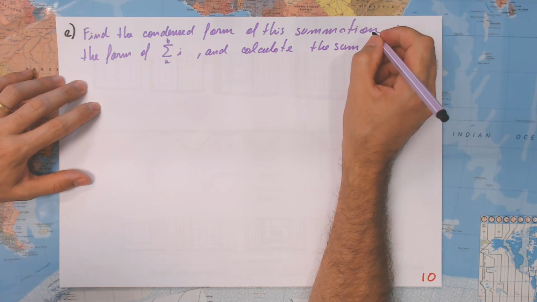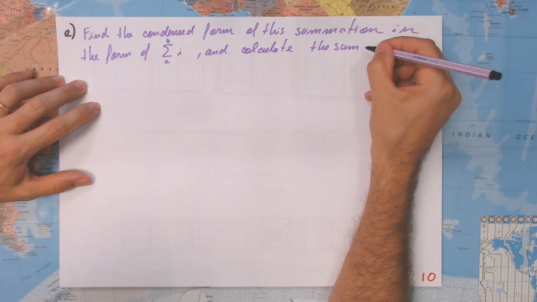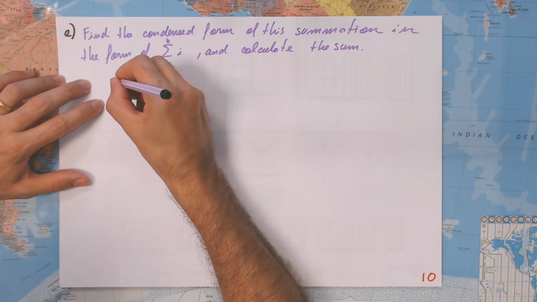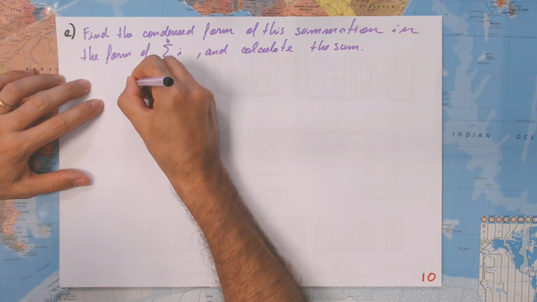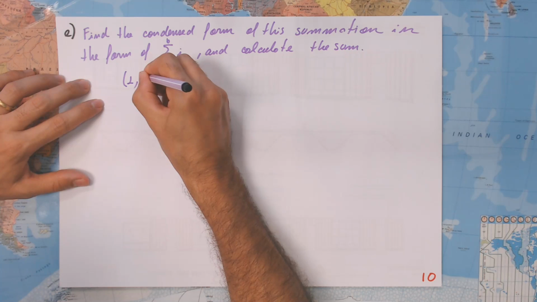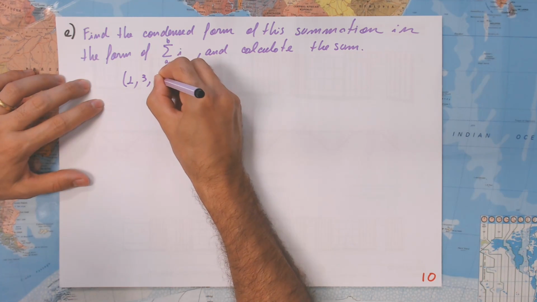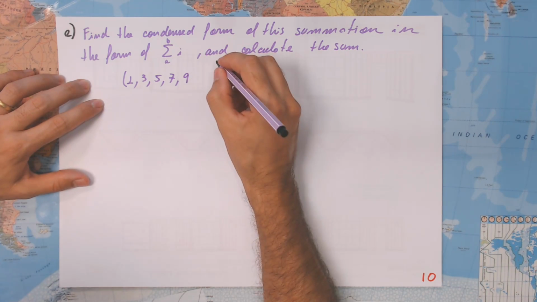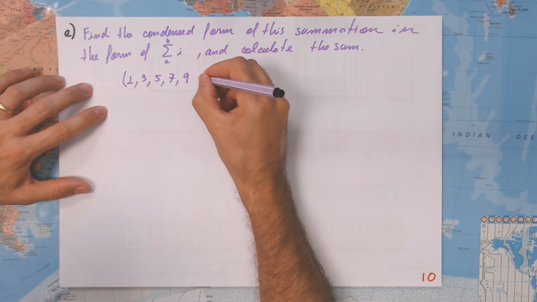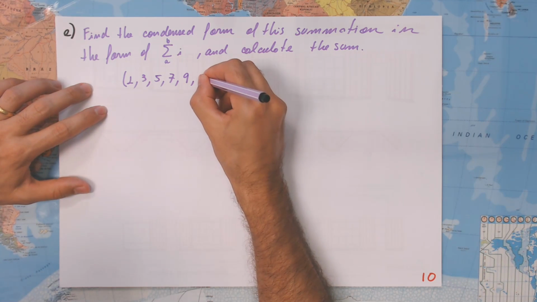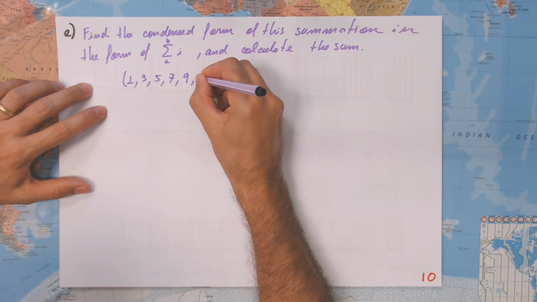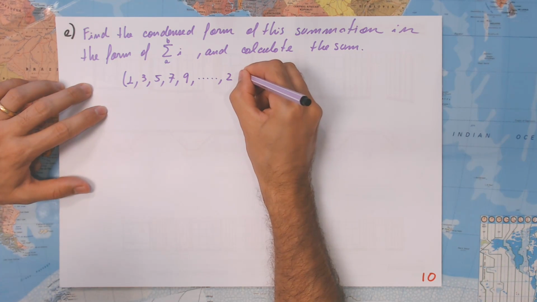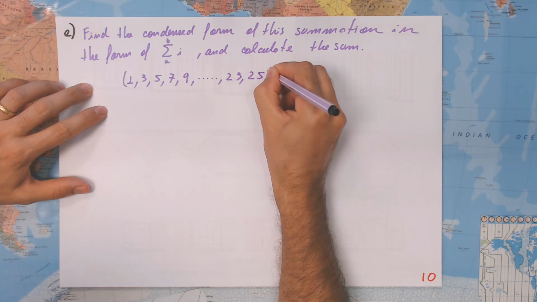The sum, yes, okay, and this is the sequence. The sequence is this: 1, 3, 5, 7, 9, and it goes on. 23, 25.